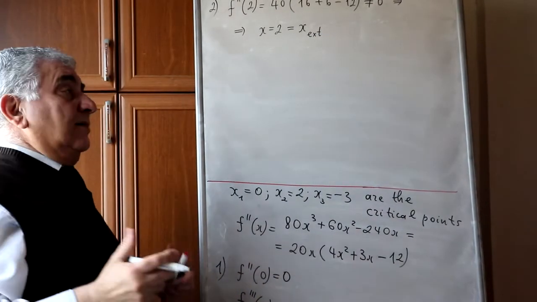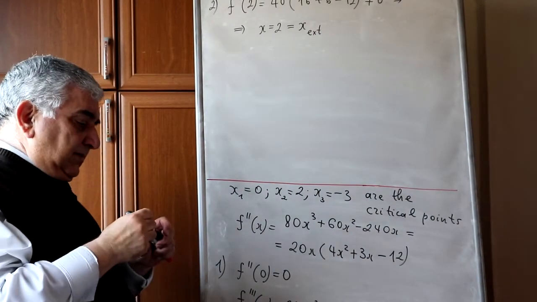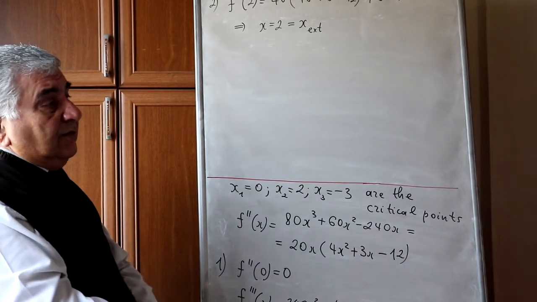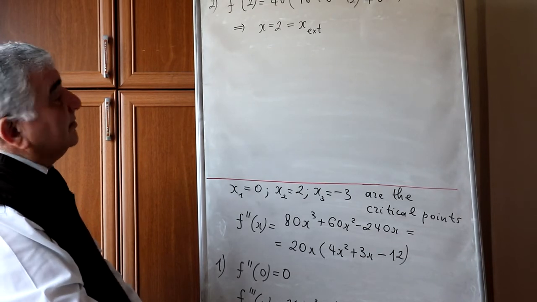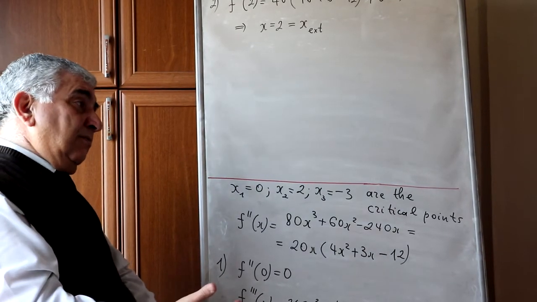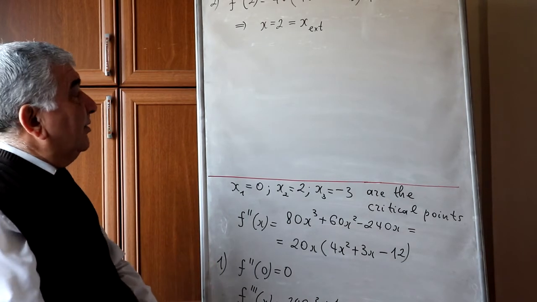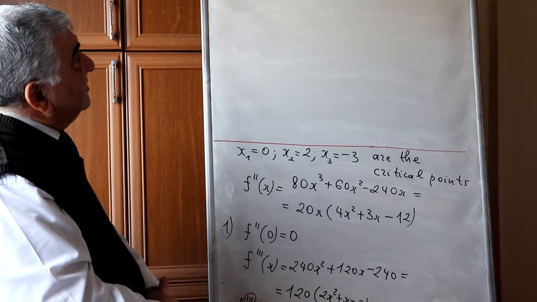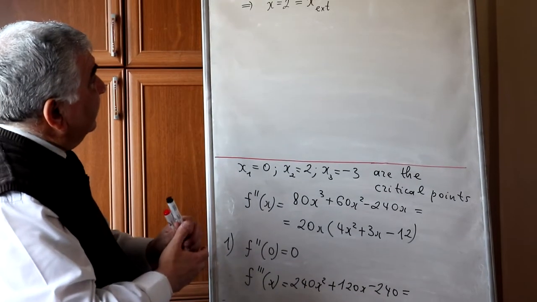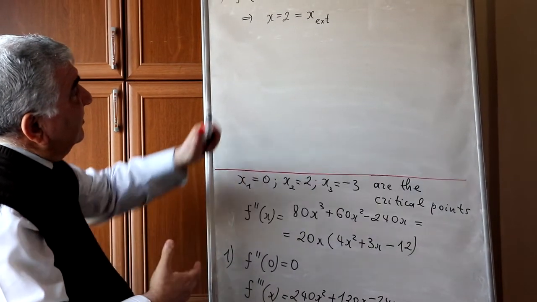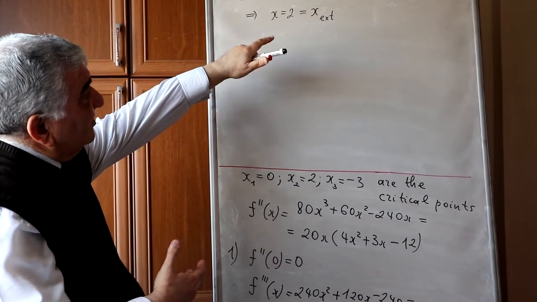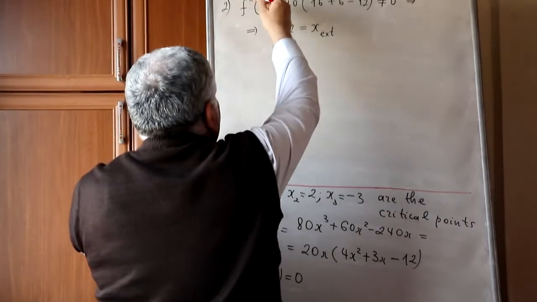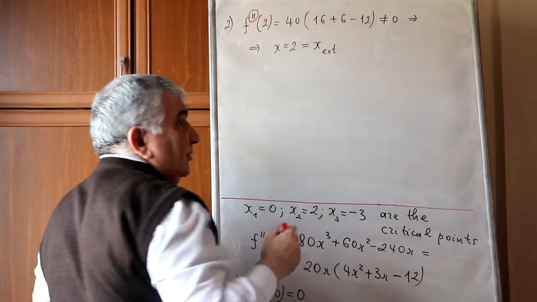Then we must investigate the type of extremum. Is this point a maximum point or a minimum point? Then we must look at the sign. Why is it an extreme point? Because its order is 2, and 2 is an even number.